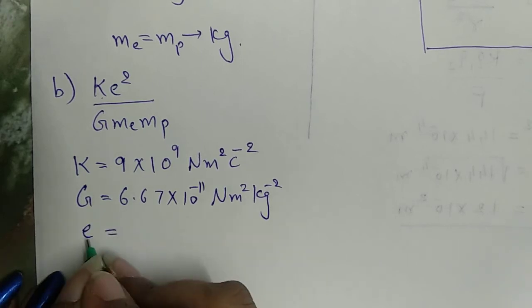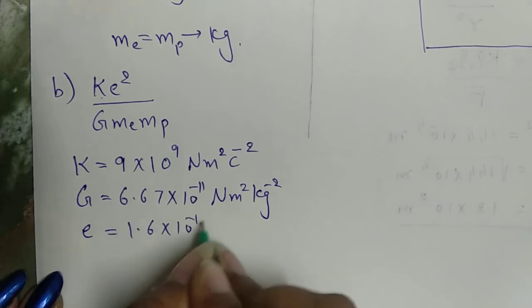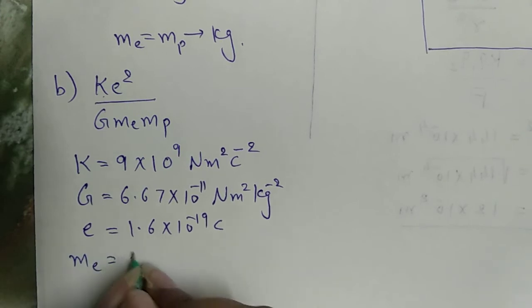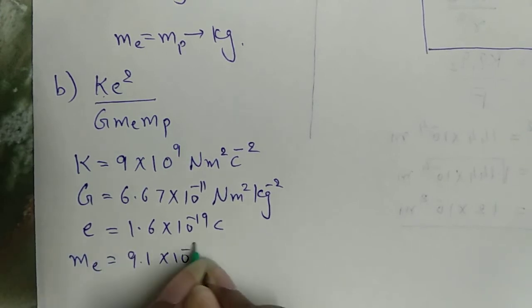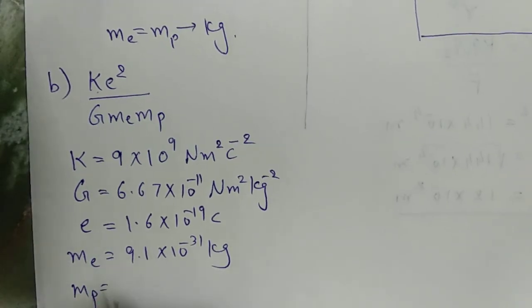The value of e, this is the electronic charge, is 1.6 into 10 raised to -19 Coulomb. Then the mass of electron and the mass of proton.